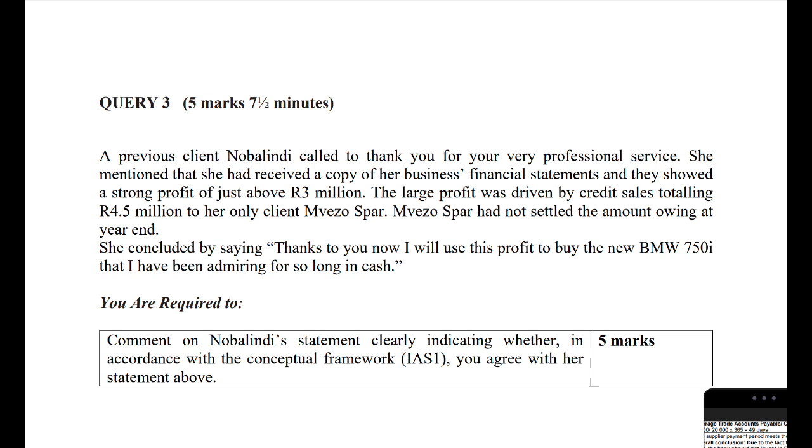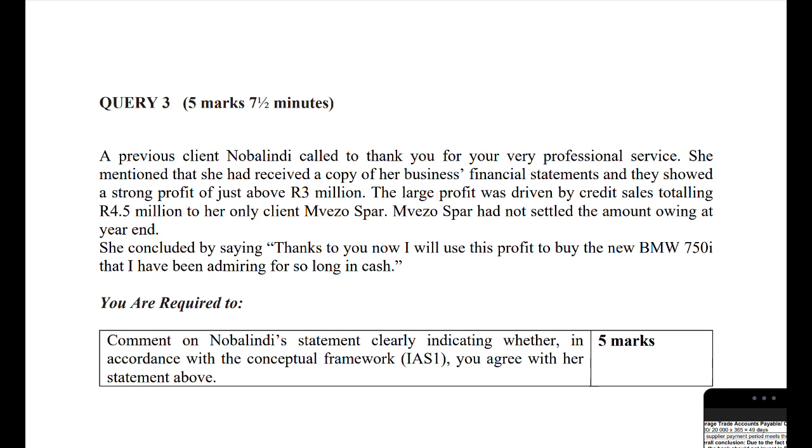The large profit was driven by credit sales totaling 4.5 million to her only client, Mivezo Spa. Basically, the reason her 3 million rand profit is so high is that goods were bought from her on credit. Mivezo Spa had not settled the amount owing at the year end.